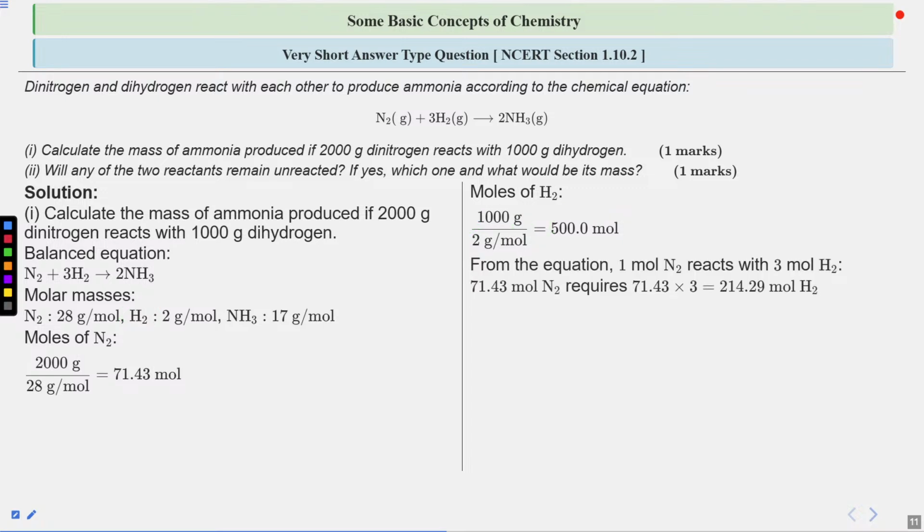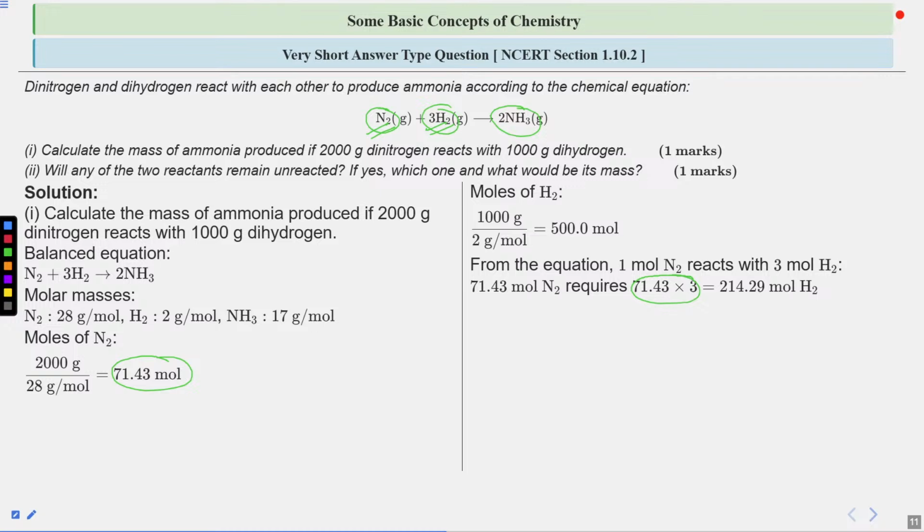It is very clear from the equation that 1 mole of nitrogen reacts with 3 moles of hydrogen to give 2 moles of ammonia. So if 1 mole of nitrogen reacts with 3 moles of hydrogen, then 71.43 moles will react with 71.43 into 3 moles of hydrogen.